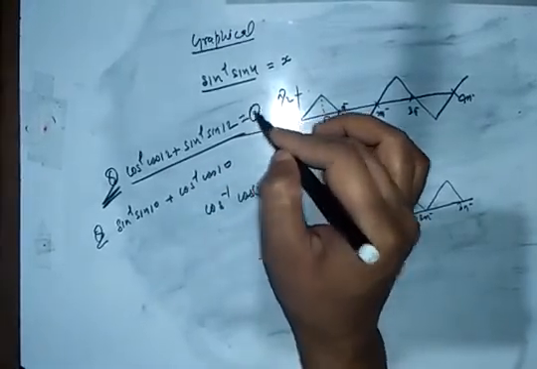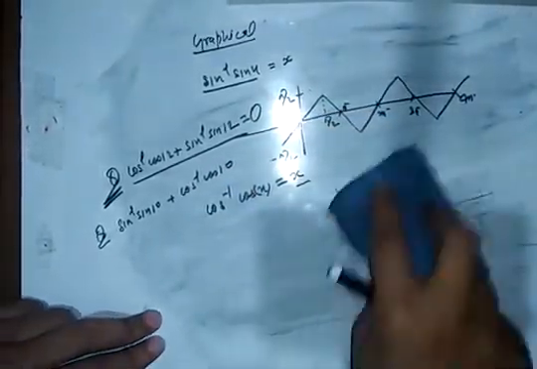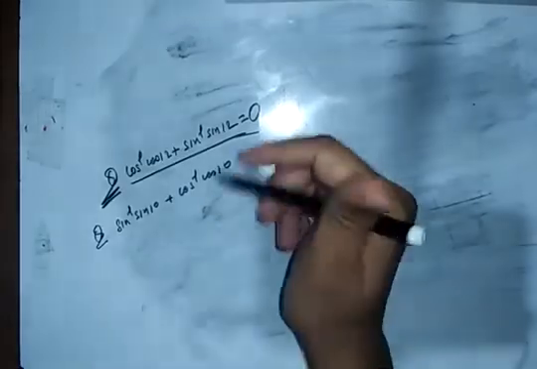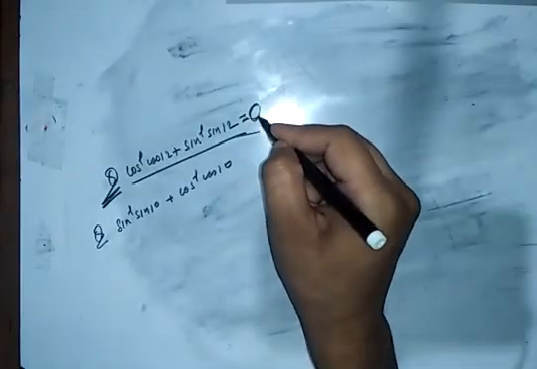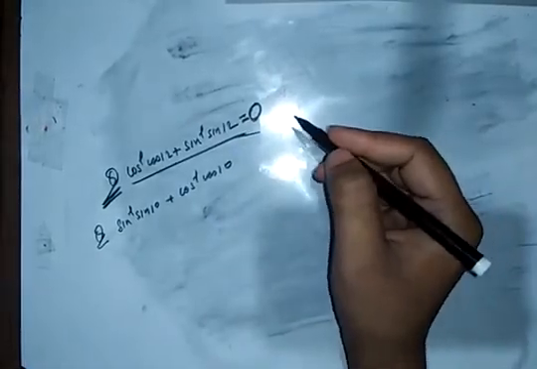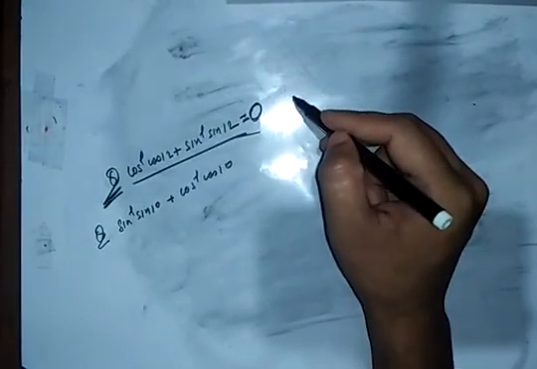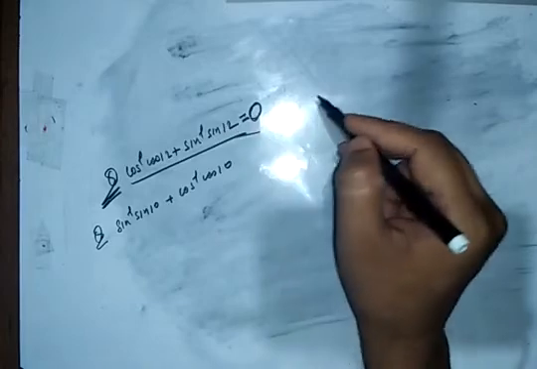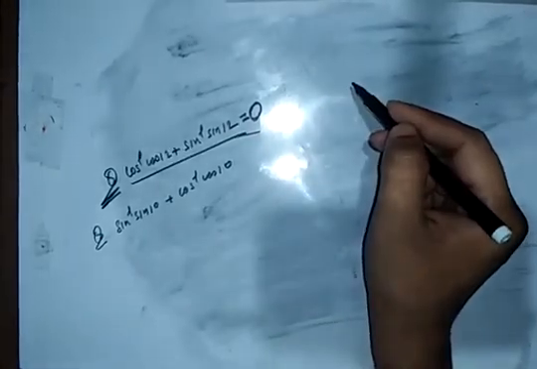So I will give you the answer. The first one's answer is 0. How 0? The basic concept is that the value must lie in the principal value.